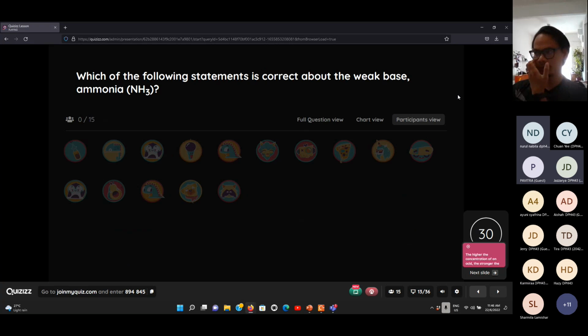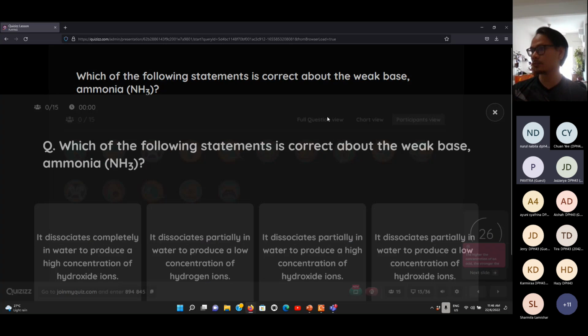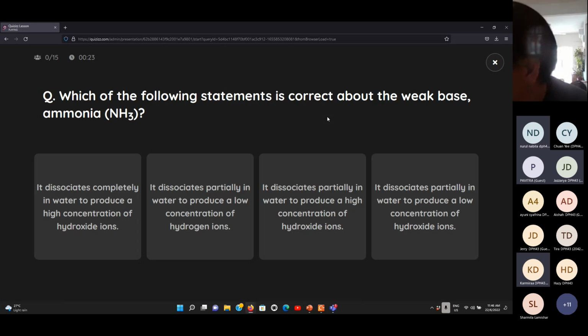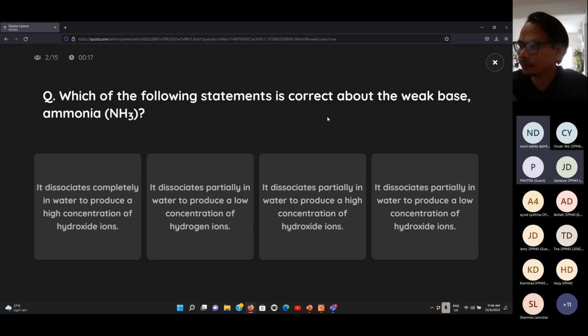So let's try to solve this problem. Which of the following statements is correct about the weak base ammonia? So take your time. Remember what I said earlier.